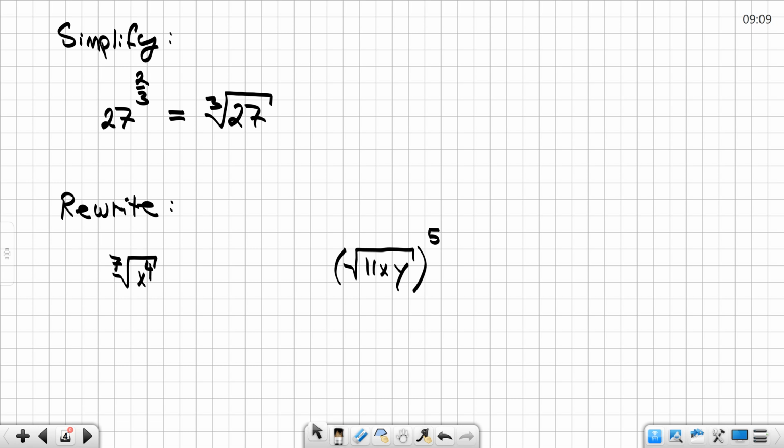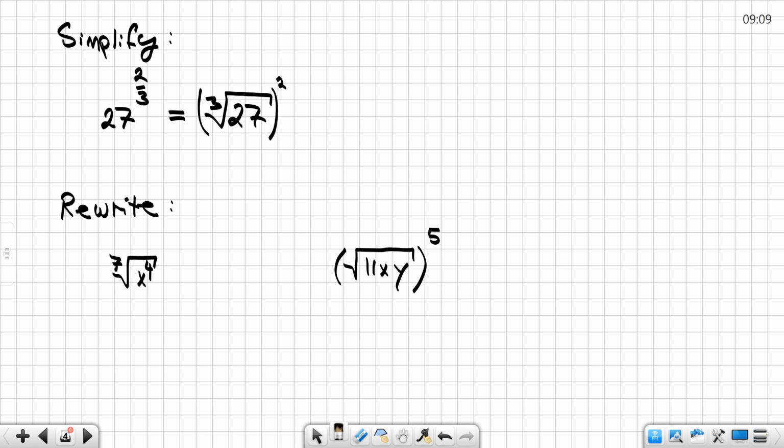And there is a 2 in the numerator, and that will turn this into an exponent. Now, where I put the exponent doesn't really matter. If I would put it in here, that would make my life a little bit more difficult, but I'm going to put it on the outside.